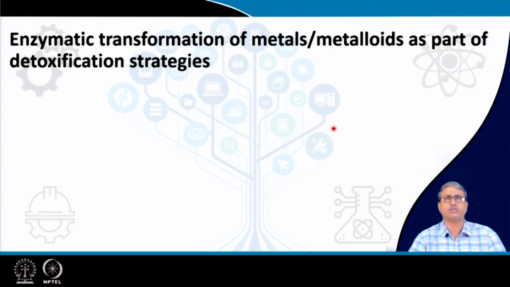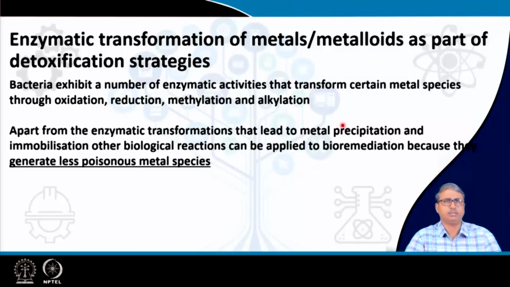Now, enzymatic transformation of metals and metalloids as part of detoxification strategies. These are enzymatic processes which are not connected to electron transport or dissimilatory reductions, like we learned just before, where uranium, chromium, technetium etc. are reduced as electron acceptors. Other toxic metals or metalloids can also be transformed enzymatically.